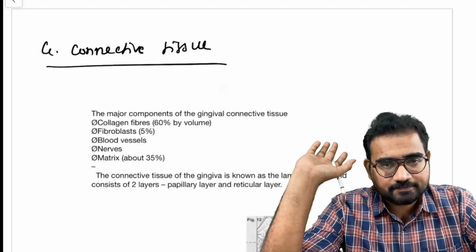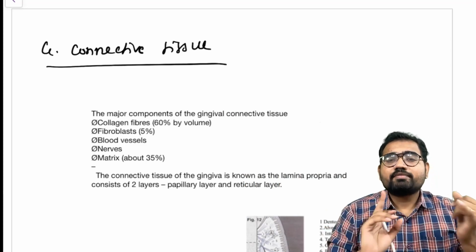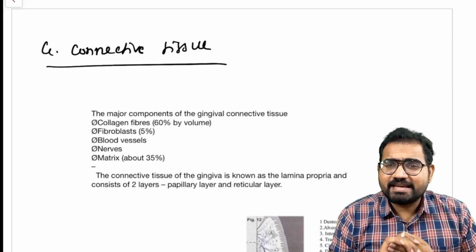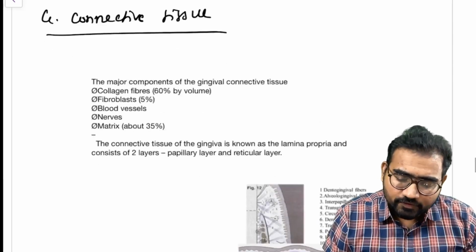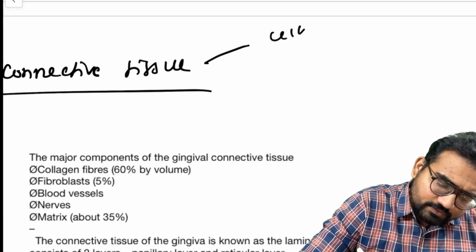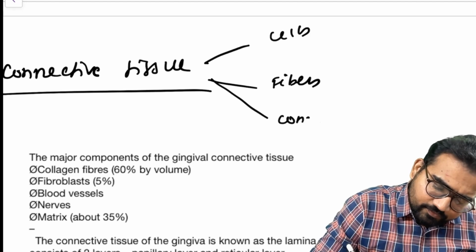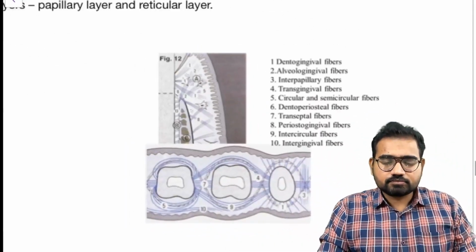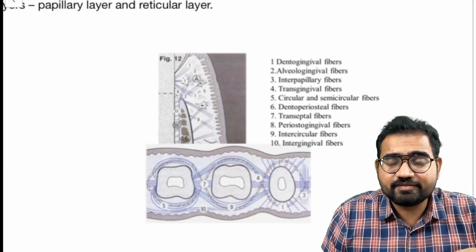So it will allow the nutrients from the connective tissue to enter, and it feeds the epithelium and it survives. Any connective tissue will have cells, fibers, and ground substance. Now we are going to talk about the gingival connective tissue fibers.